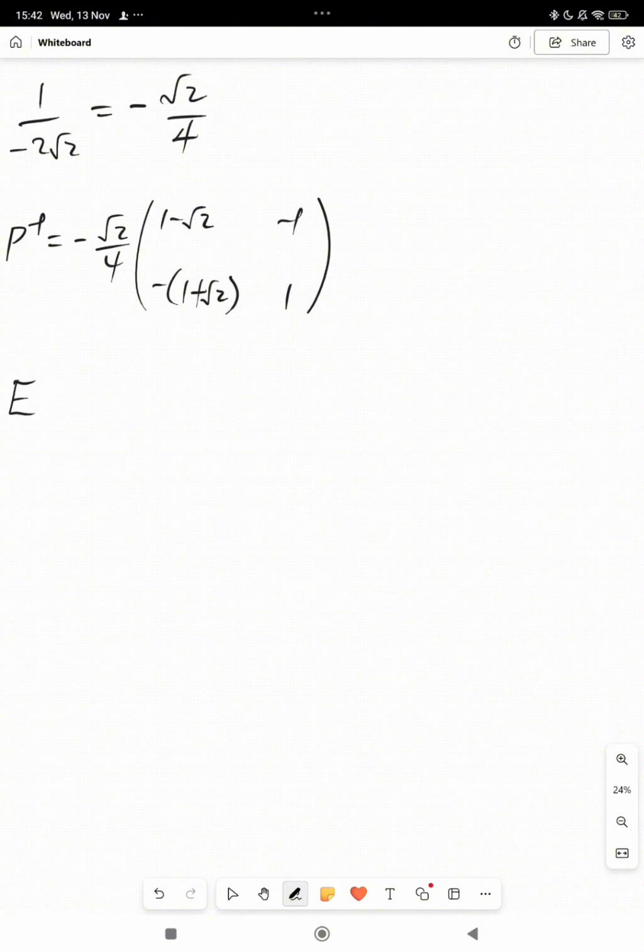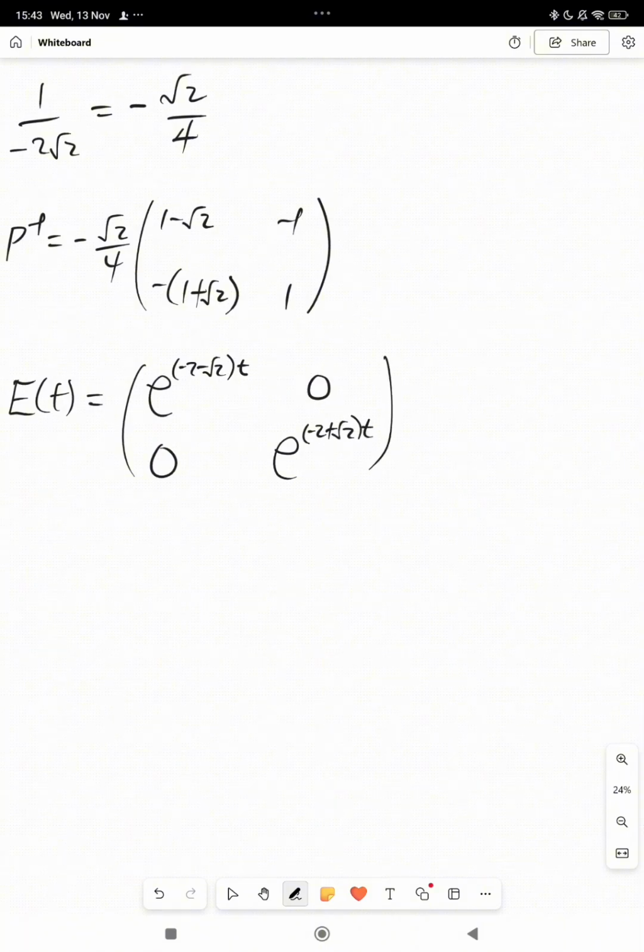Our E of t is given by the exponential of the first eigenvalue, which is minus 2 minus root 2 multiplied by t, you have 0, 0, and e raised to the power minus 2 plus root 2 t.